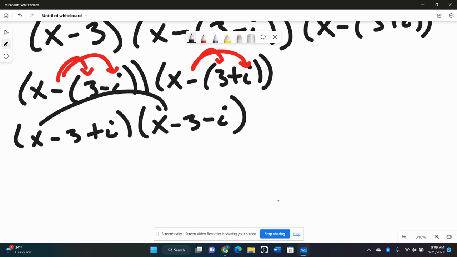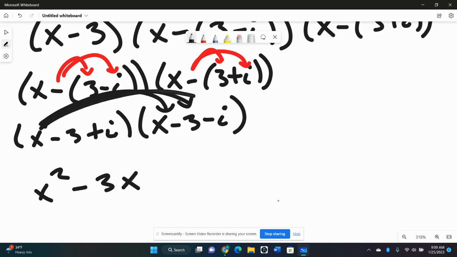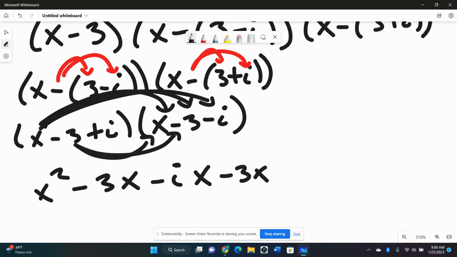Now I'll just FOIL through. So x times x gives me x to the second. X times negative 3 gives me negative 3x. X times negative i gives me minus ix. Negative 3 times x gives me negative 3x. Negative 3 times negative 3 gives me plus 9. Negative 3 times negative i gives me plus 3i.